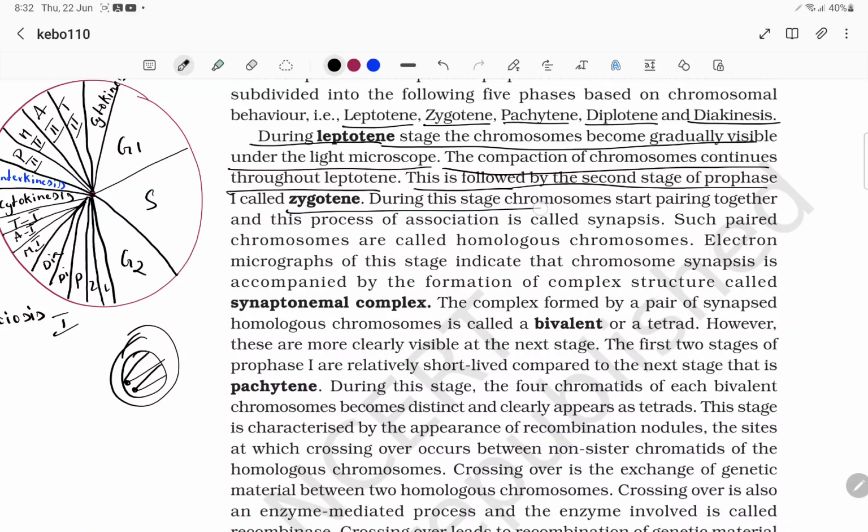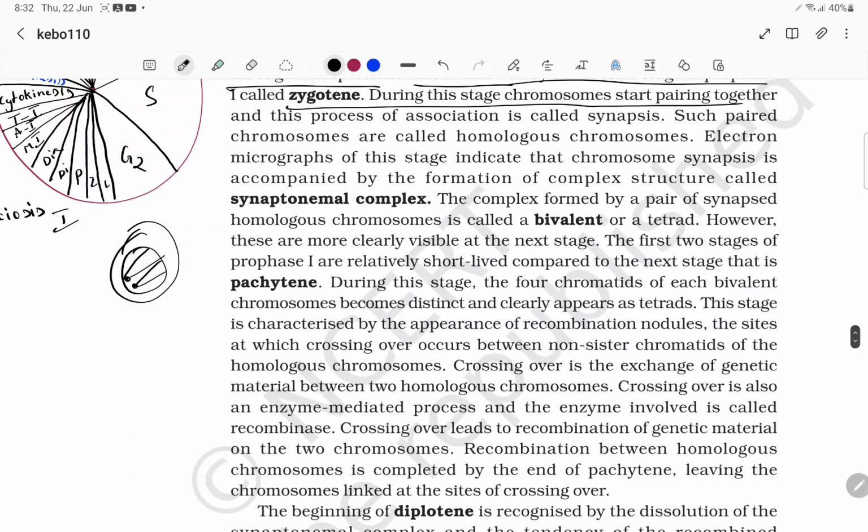And during this phase of zygotene, the pairing of homologous chromosomes takes place. The homologous chromosomes, one is from father and one is from mother.